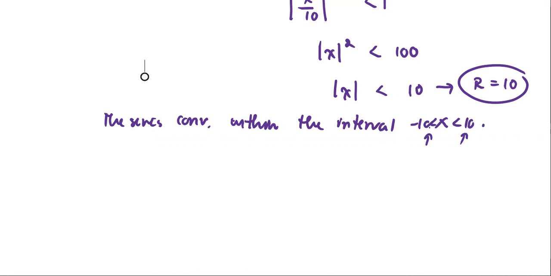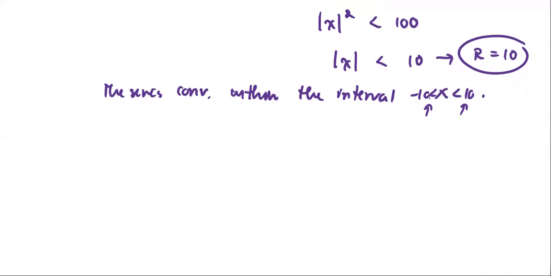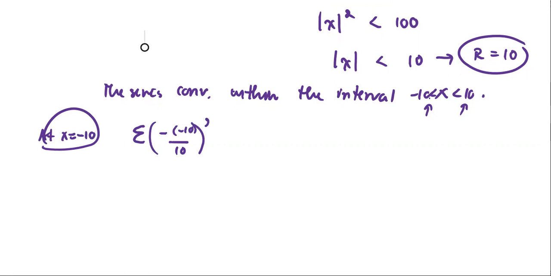Now we're going to check the two endpoints, whether the series converges or not. So at x equals negative 10, the series becomes the summation of negative 10 divided by 10 raised to the power 2k, k from 0 to infinity. It simplifies to the summation of 1 to the power 2k.